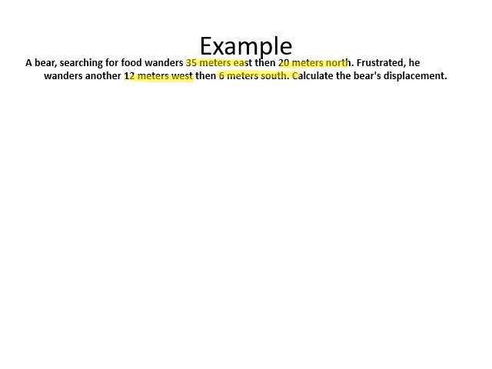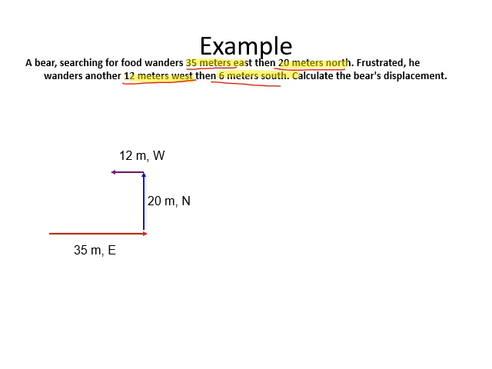So if you check, you have almost 4 vectors, right? 35 meters east, 20 meters north, 12 meters west, and 6 meters south. So let's draw this diagram. You just have to figure out how you are going to find your total displacement.